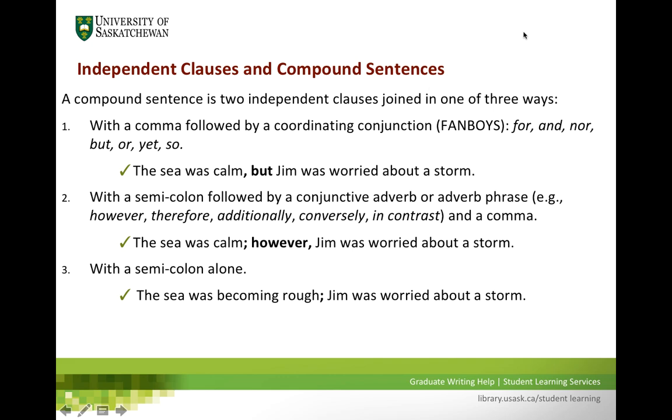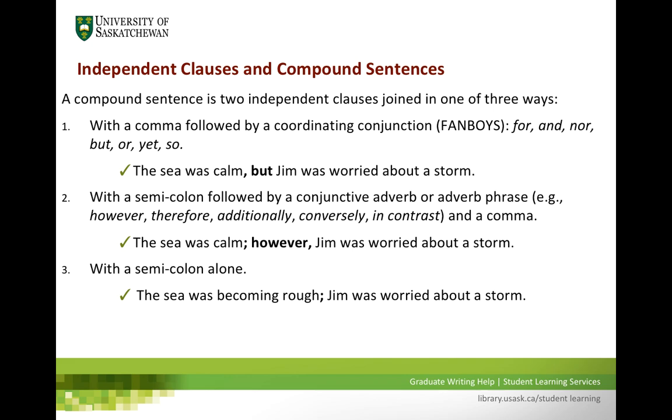And where punctuation comes into play is when those independent clauses are joined to form compound sentences. So a compound sentence is 2, or actually could be more, 2 or more independent clauses joined in one of 3 ways. With a comma followed by a coordinating conjunction.